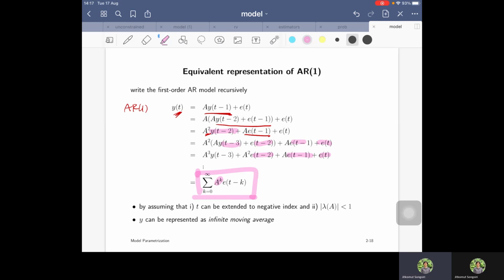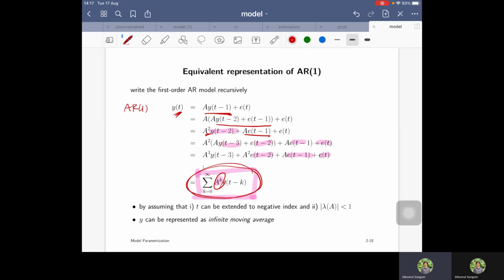Even though you can just write this recursive equation like this, the result is only valid if this infinite sum converges, which means that we implicitly assume that a to the k should be decaying. Otherwise, this infinite sum cannot converge.